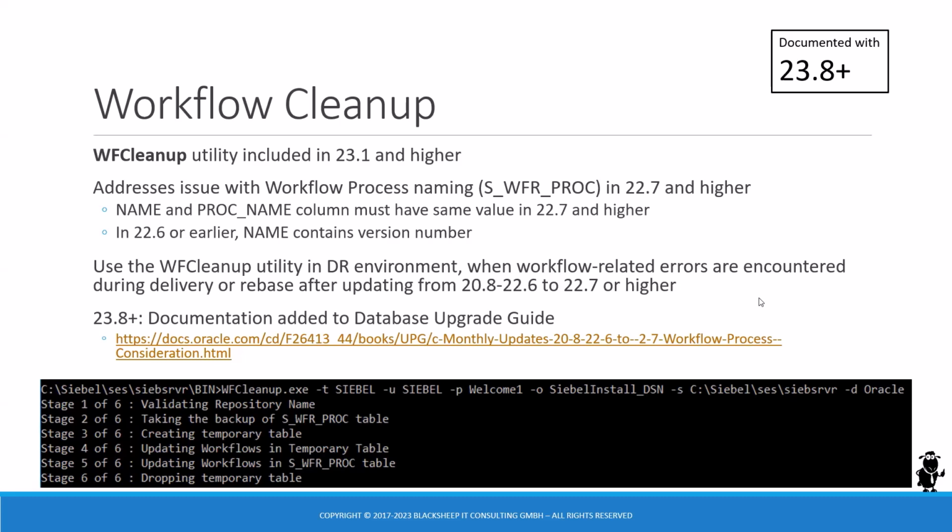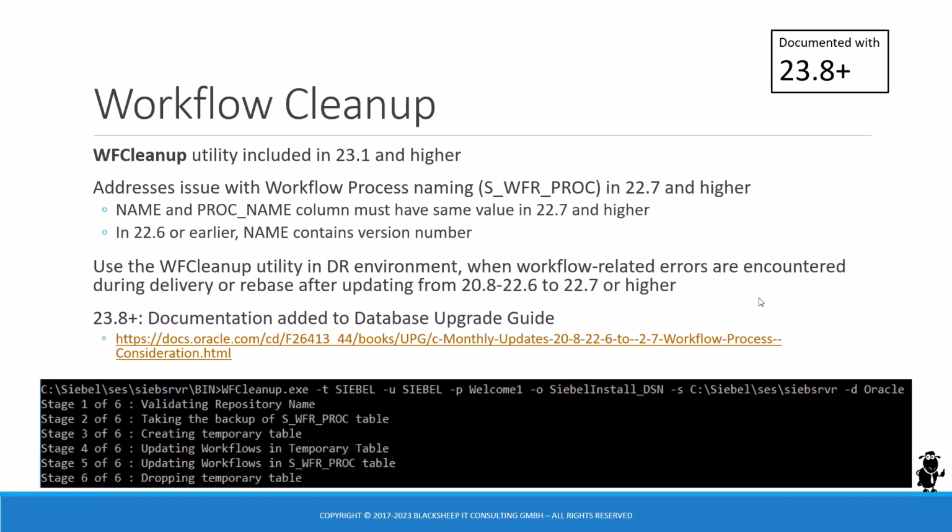So the one you could see in the app was the proc name, right? But behind the scenes, because it's part of the unique key for any repository object, for consistency we stuffed the name plus a version in the name. That was the case until 22.6 and changed in 22.7.